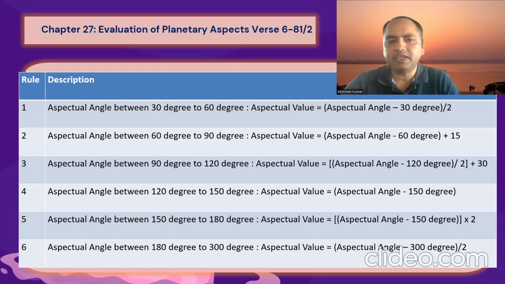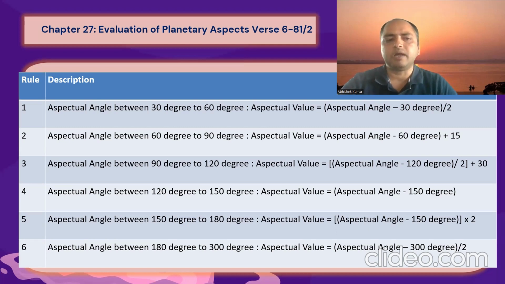If the aspectual angle is between 30 degrees to 60 degrees, then Maharshi's rule is: reduce this aspectual angle by 30 degrees and then divide it by 2, that will give you the value. That is the aspectual value.